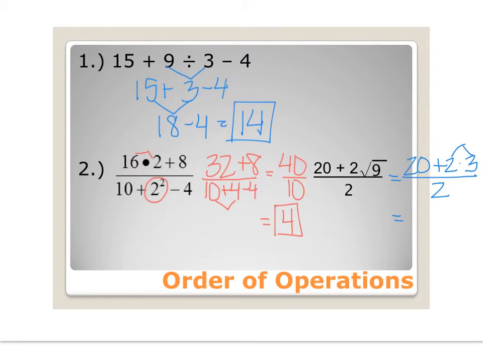So I'm going to multiply. And then add. And hopefully this isn't too slow for you guys. But then finally divide. And you end up with 13.